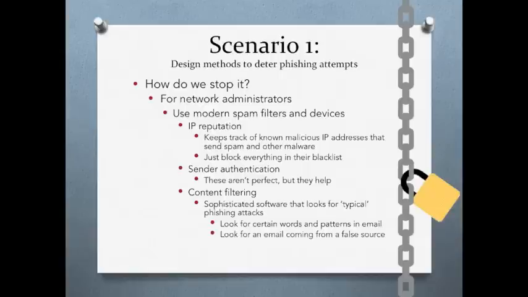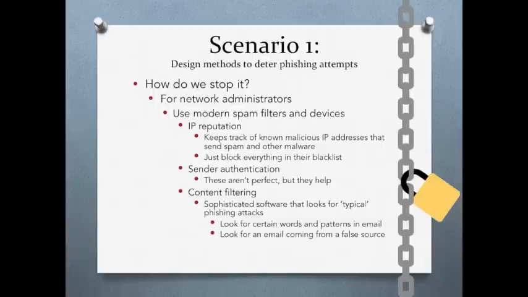Another thing that would be nice for a firewall to have is sender authentication. Now, these aren't perfect, but what they do is authenticate that where you're trying to go is legitimate. So if we have a user on our network that's trying to send out spam, we're going to authenticate and make sure he's actually going to the right place. And when email comes in, we might be able to authenticate it and make sure it actually came from the correct sender, that whoever sent this to us is truly real.